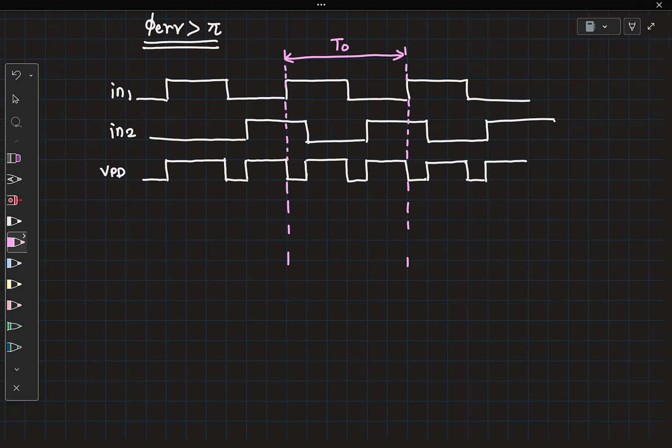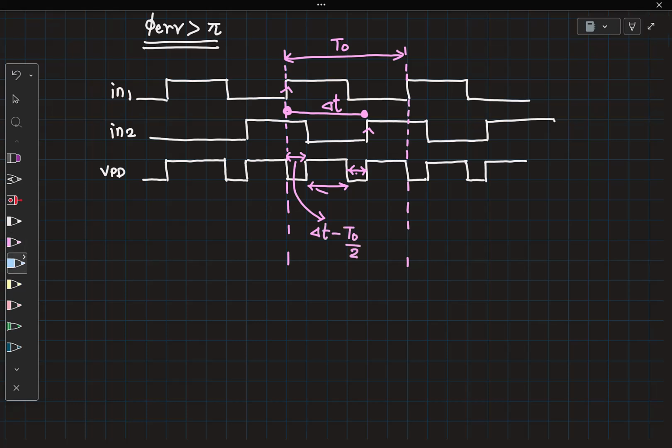And let me also mark delta t for you. From here till this point is your delta t. Rising edge in in1 to the rising edge in in2 is my delta t. Now, can you tell me what is this duration, and what is this duration? This will be equal to delta t minus t naught by 2.